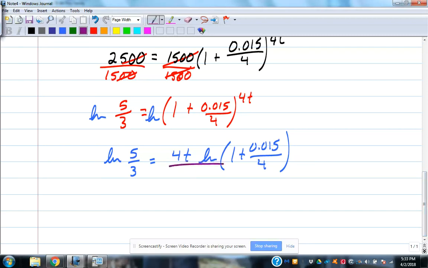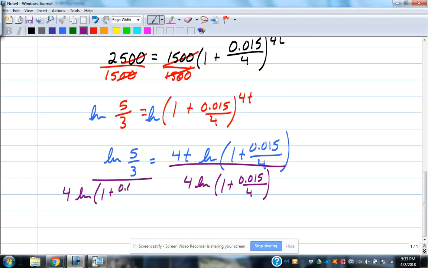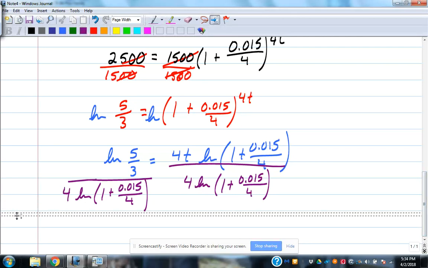So I'm going to divide by 4 natural log of 1 plus 0.015 over 4 on both sides. So I have t as the only thing left, which is what I'm trying to solve for.